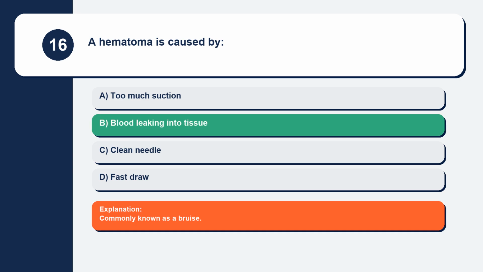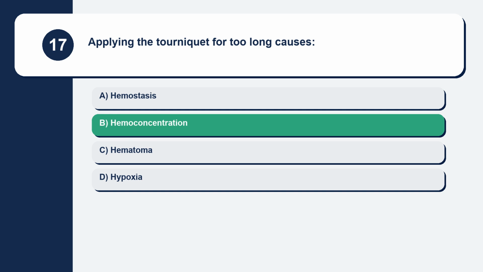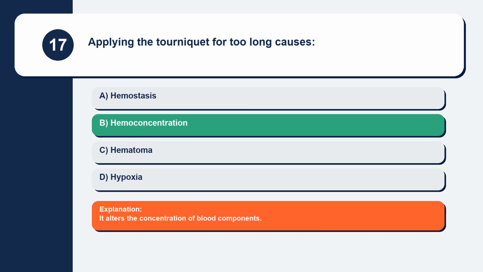Commonly known as a bruise. Question 17. Applying the tourniquet for too long causes hemostasis, hemoconcentration, hematoma, hypoxia. It alters the concentration of blood components.